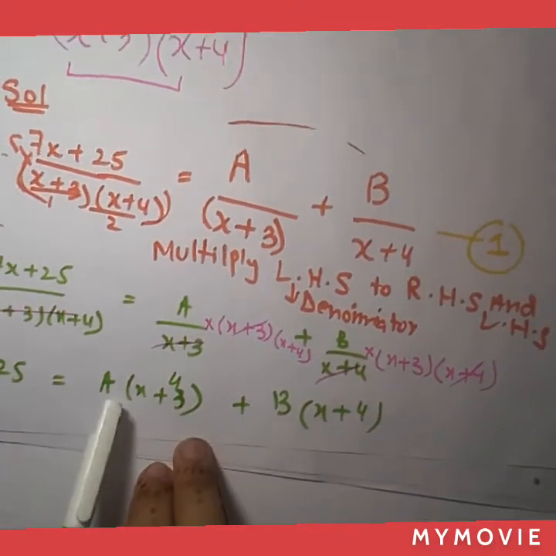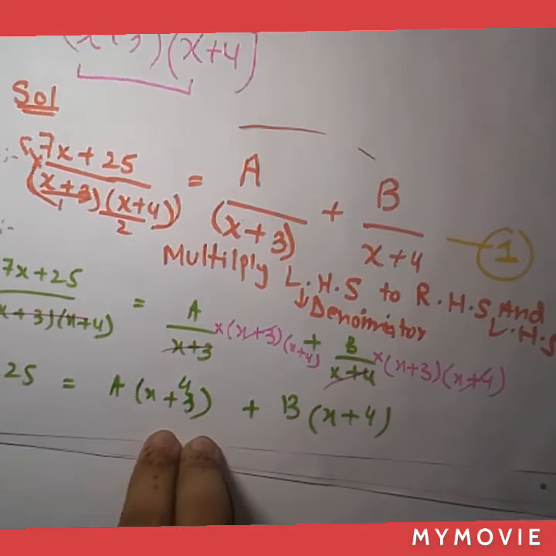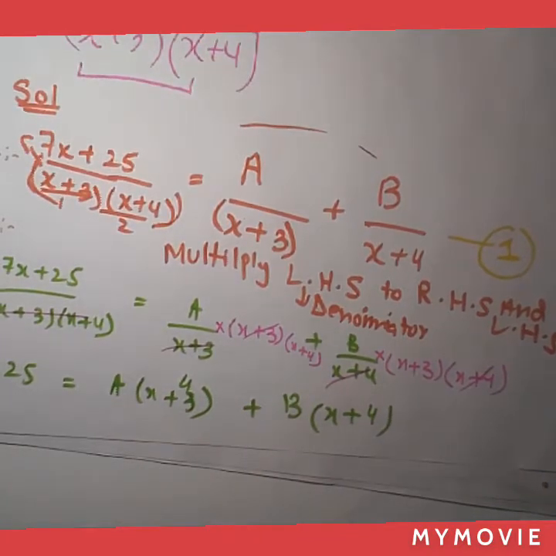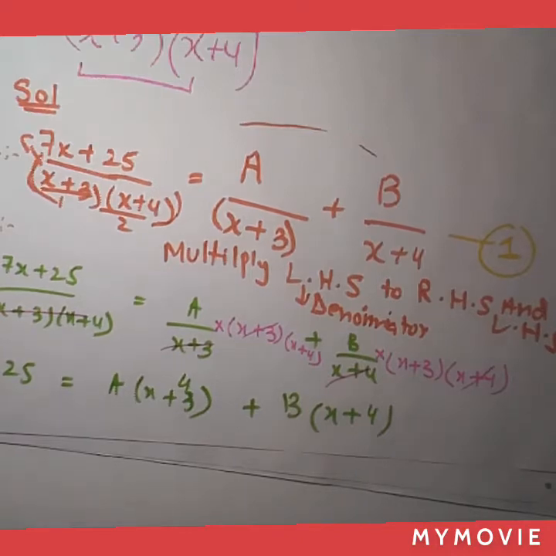This bracket shows that A is multiplying to all of the values present in the brackets.